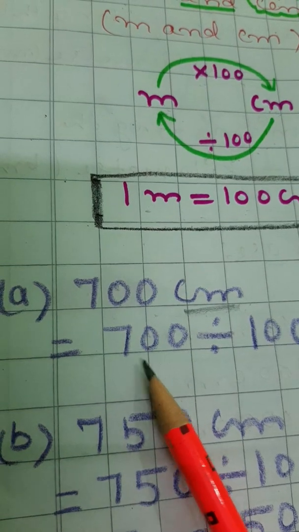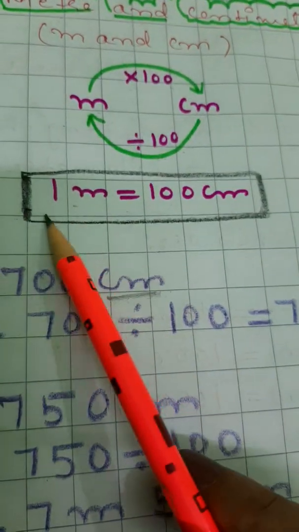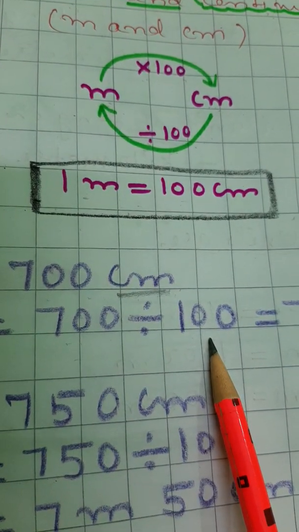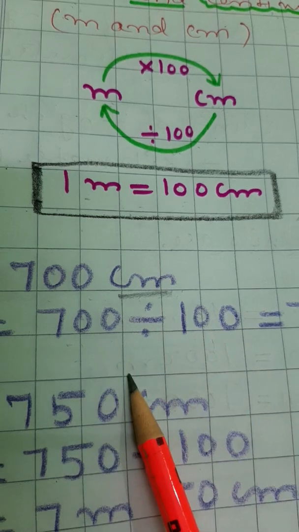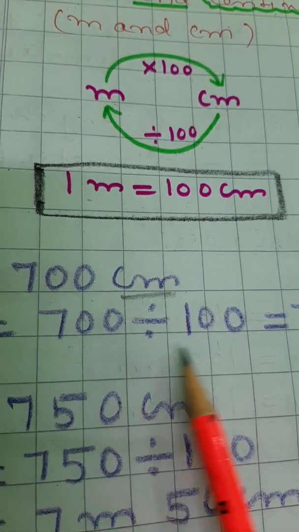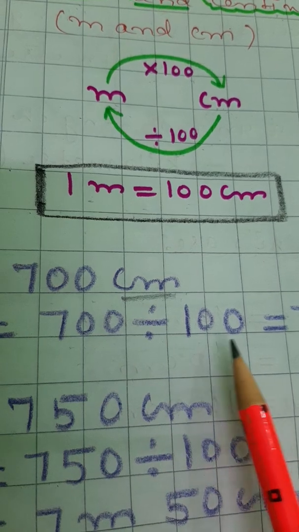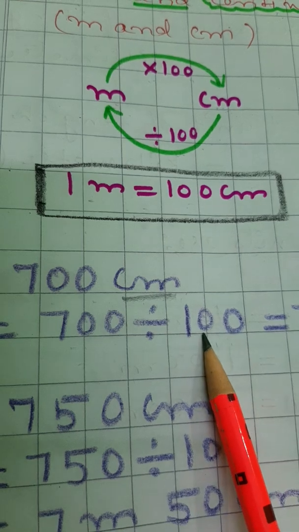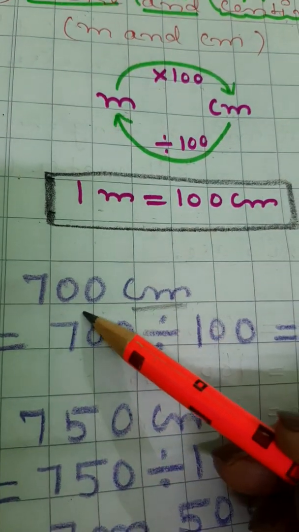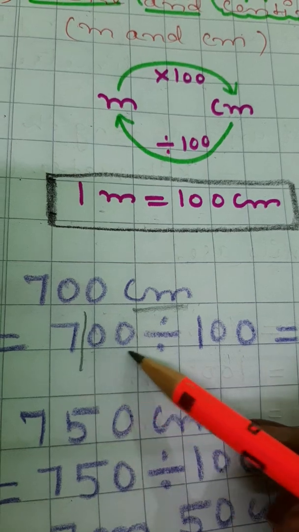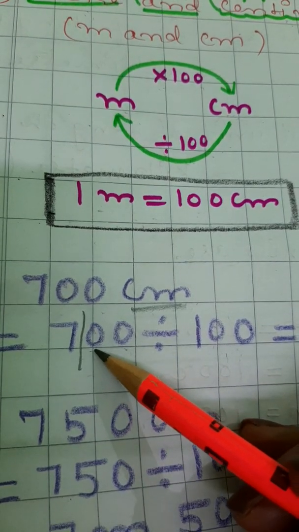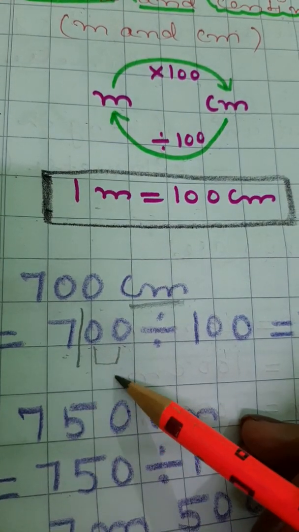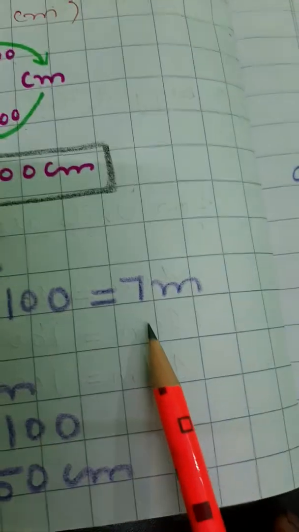So we will divide 700 by 100 because 1 meter is equal to 100 centimeter. You can divide it orally because in the previous chapter we have done how to divide orally by the multiples of 10. When you divide 700 by 100, two zeros are there, so we remove these two digits, the ones and tens place. This is the remainder and this is the quotient. So the quotient is 7 and the remainder is 0. So the answer is 7 meter.